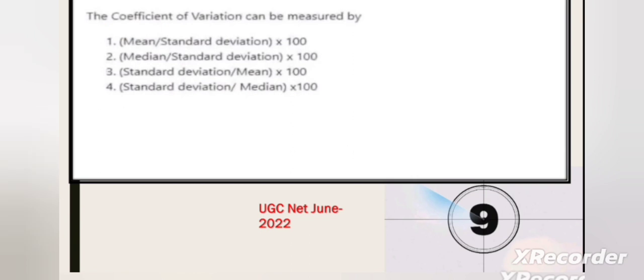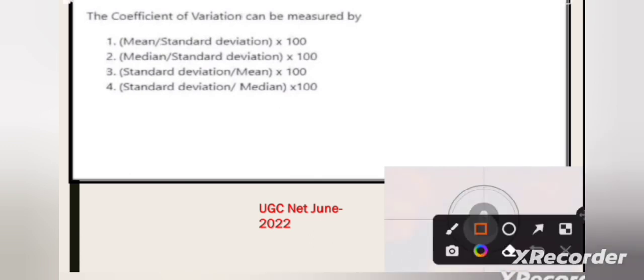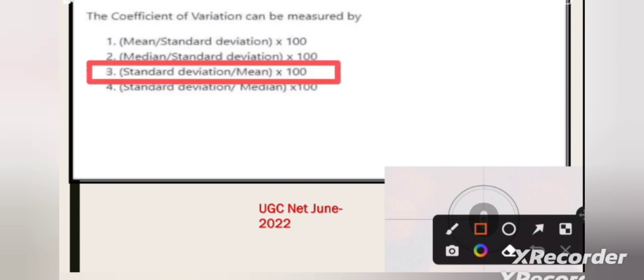Next question is, the coefficient of variation can be measured by. So here the correct option will be option 3, that is coefficient of variation is standard deviation upon mean multiplied by 100.